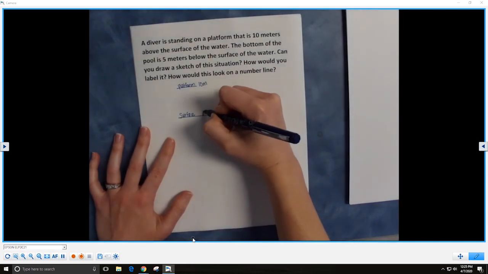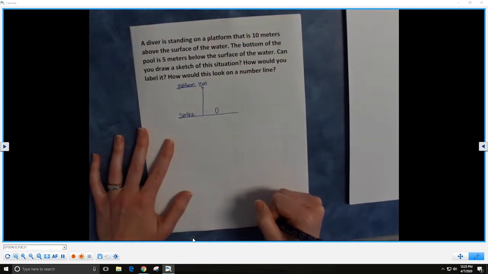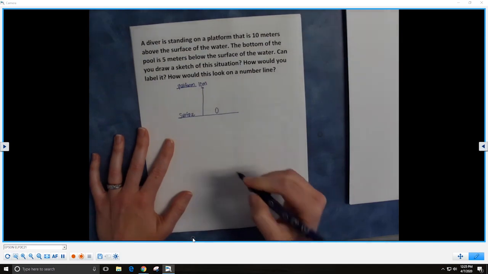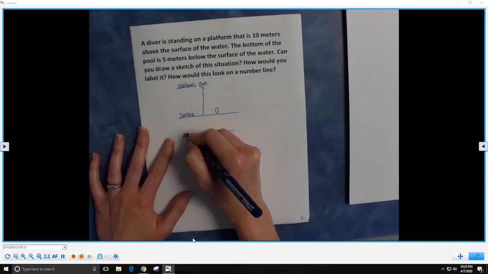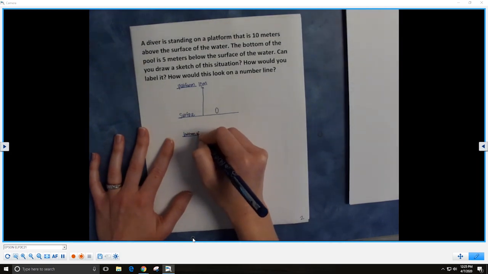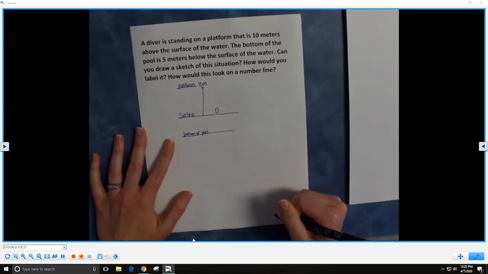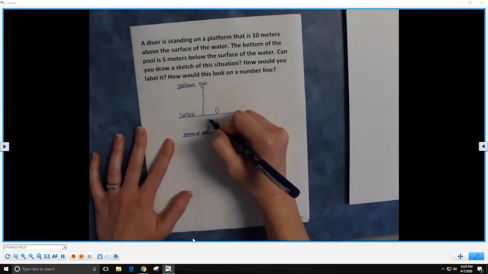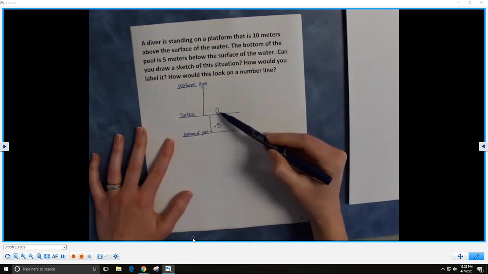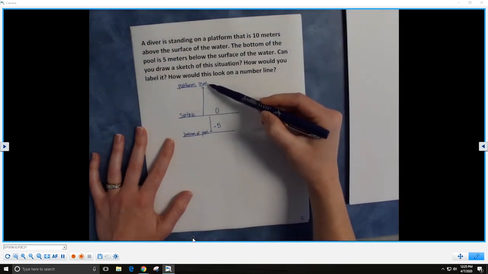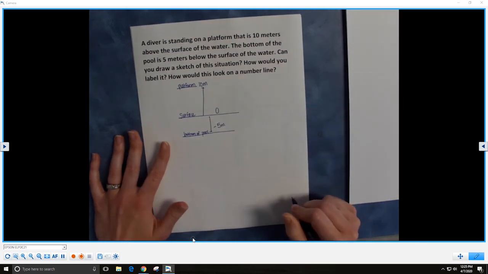So from the surface to the platform, 10 meters. Then the bottom of the pool is 5 meters below the surface. So I'm going to draw the bottom of the pool. And I know that because that's 5 meters below the surface of the water, I'm going to represent that with a -5. Because if the surface is 0 and 10 meters above is a +10, then 5 meters below I'm going to represent with a -5.